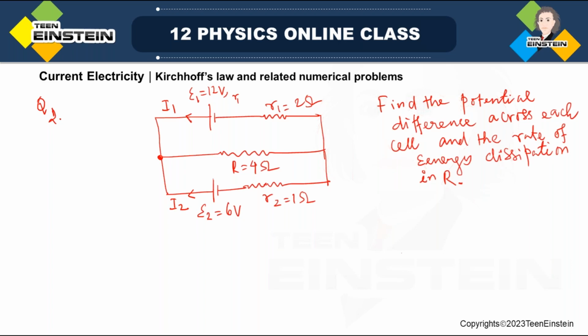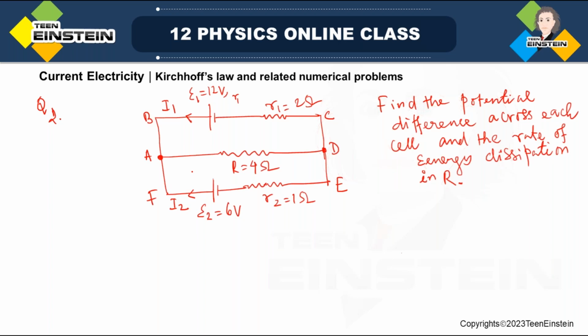And at this point we have to apply the junction rule. I'm just giving names. Suppose this is point A, then this is B, C, D, then this is E, F. So these are the names.